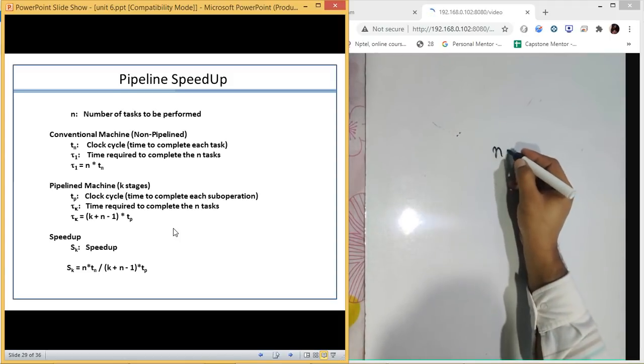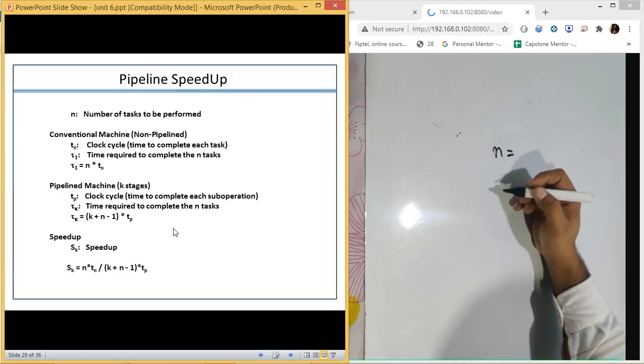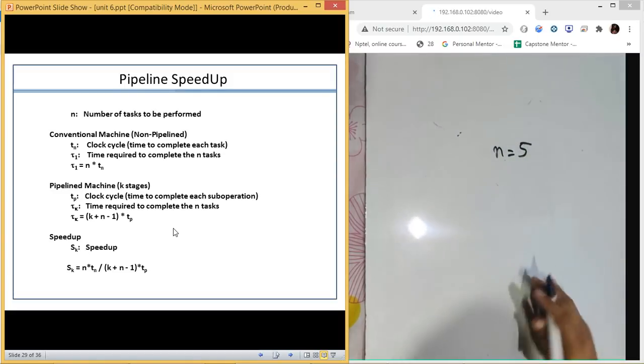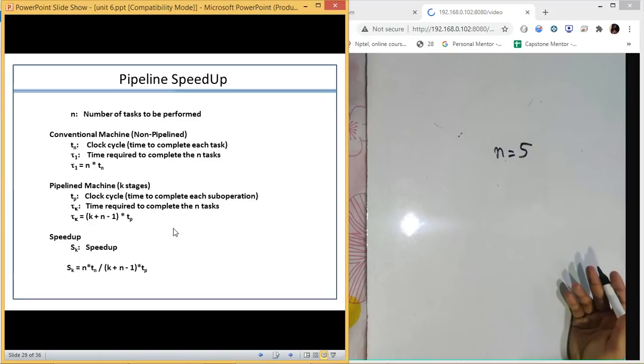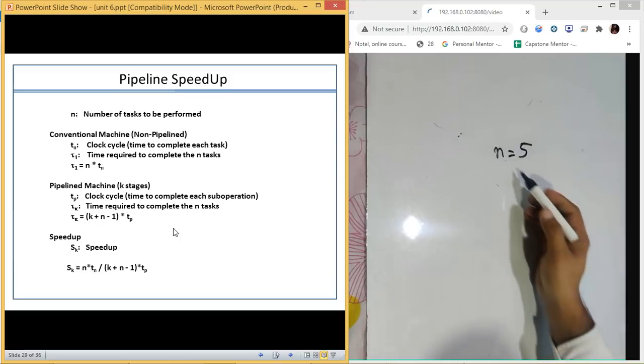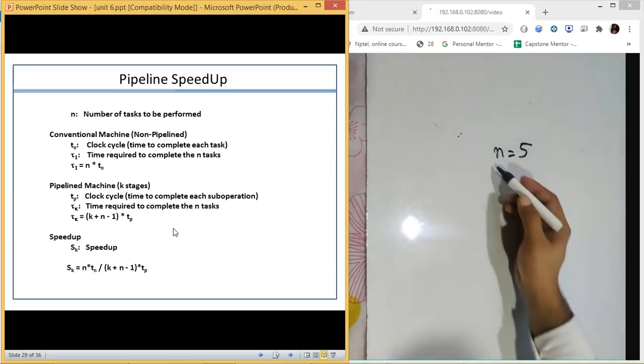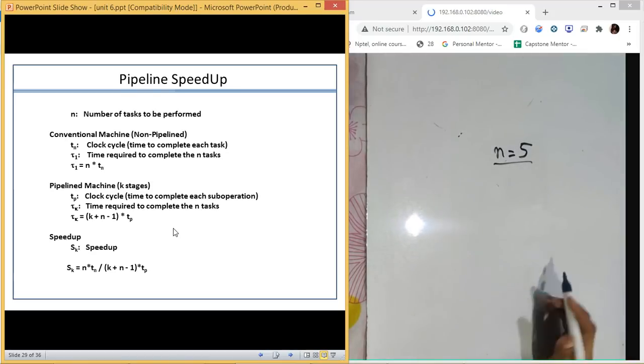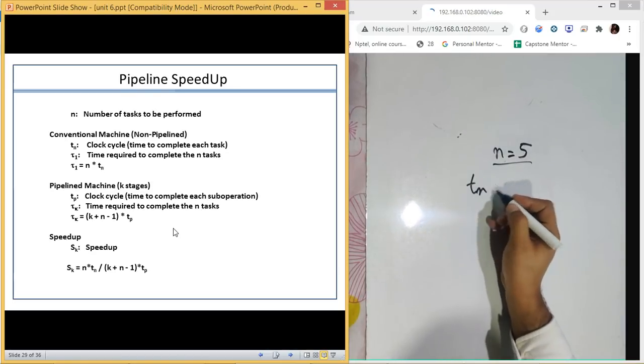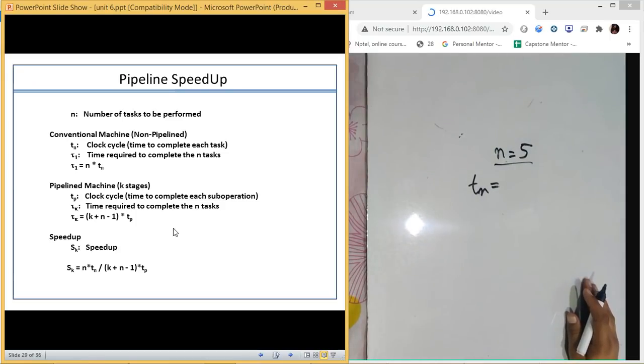If n is equal to the number of tasks to be performed, like if we have five different instructions, as in our example which we did, we had five different instructions to execute. So this is now represented by n. Then Tn represents the clock cycles to execute each task.